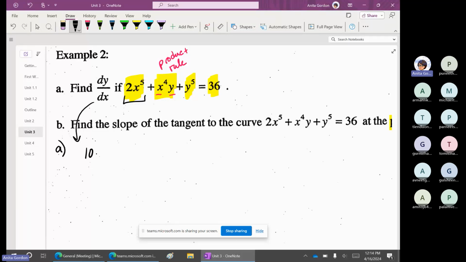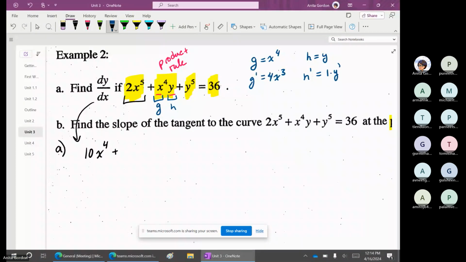This will be 10x to the 4 plus, call this g, call this h. g is x to the 4. g prime is 4x cubed. h is y. h prime is 1 times y prime, or just y prime.